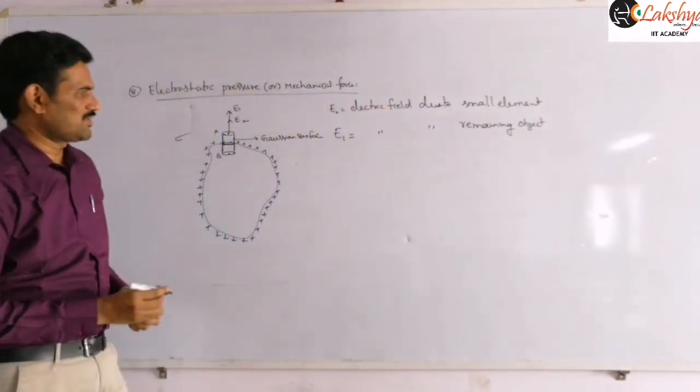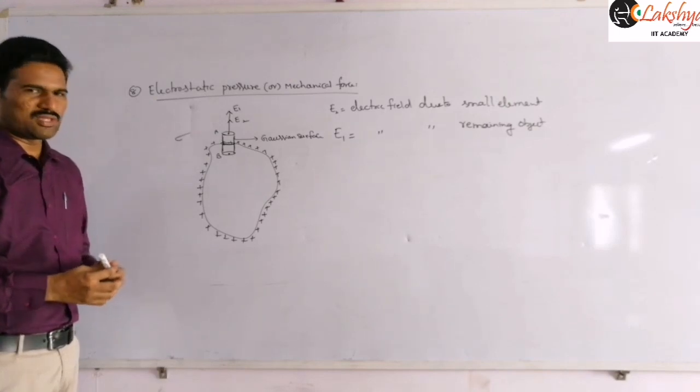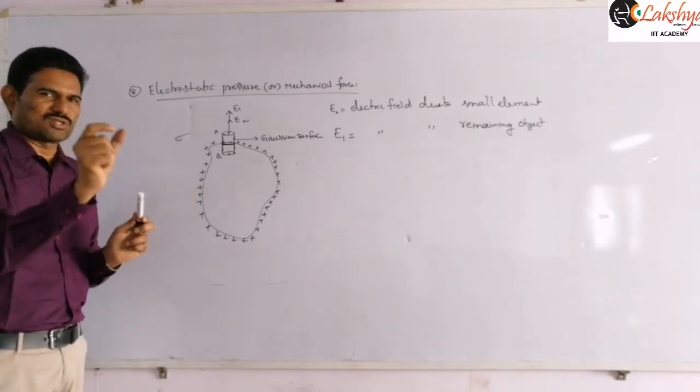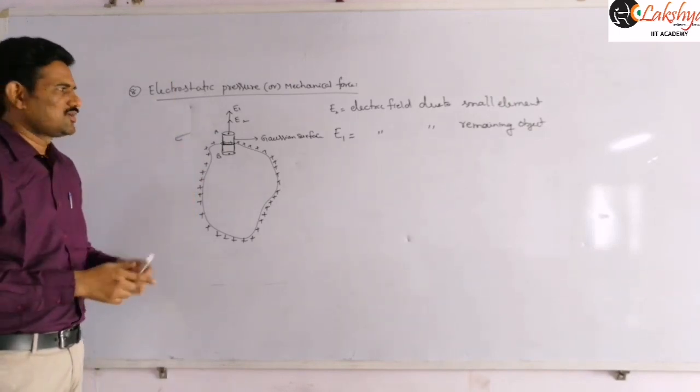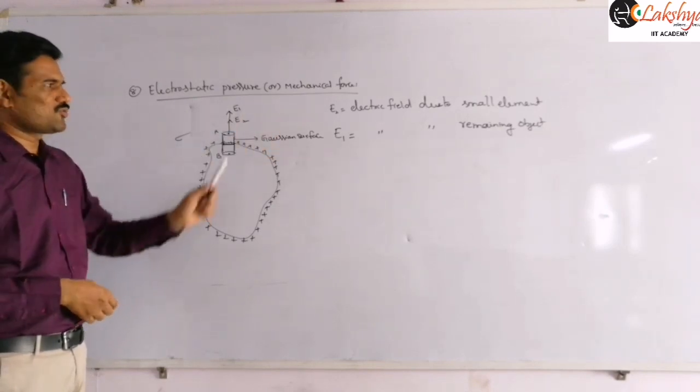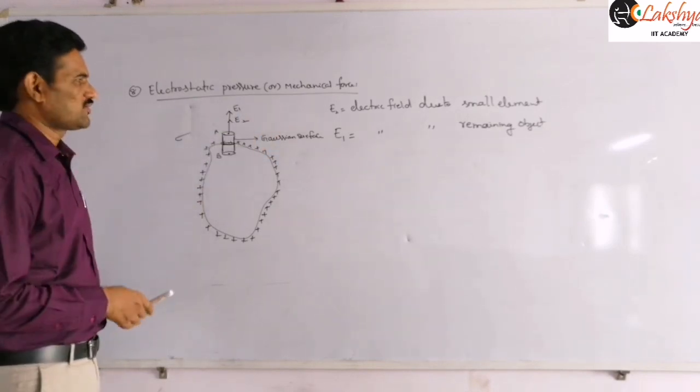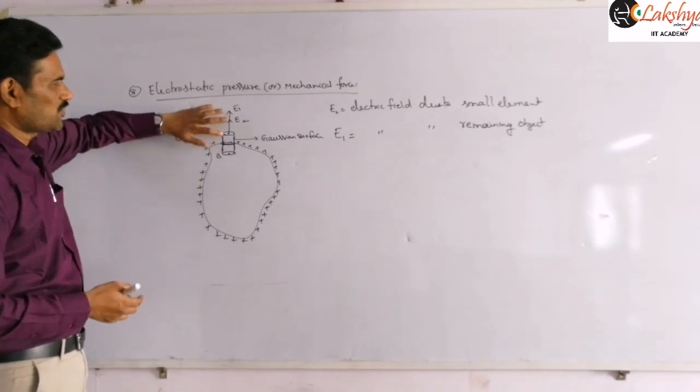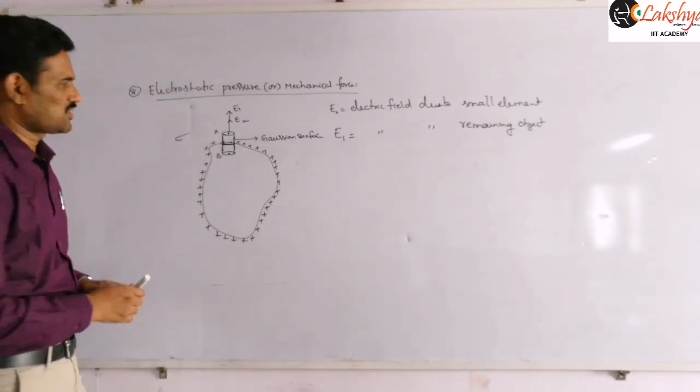That is the meaning there, right? So we are assuming that we are dividing the object into two parts, one small element and the remaining object. Since both are positive, the electric field will be in the upward direction like that.